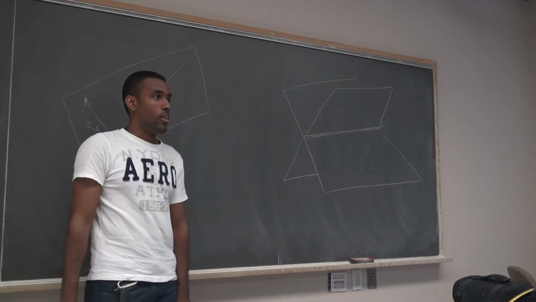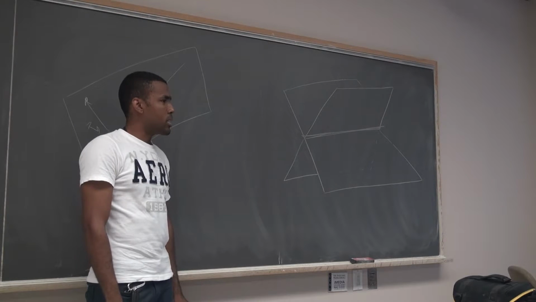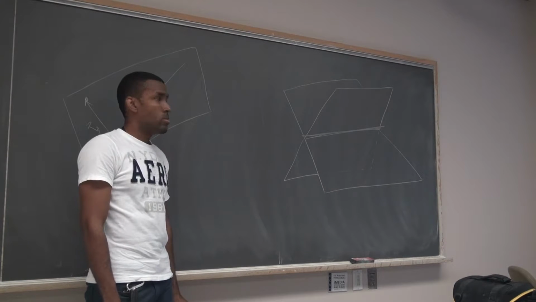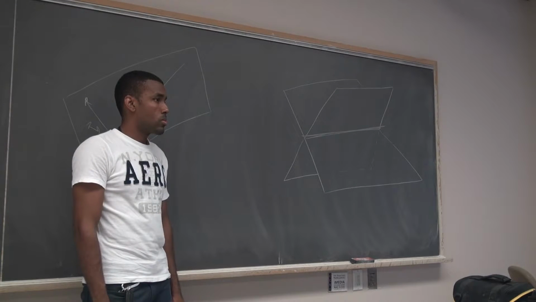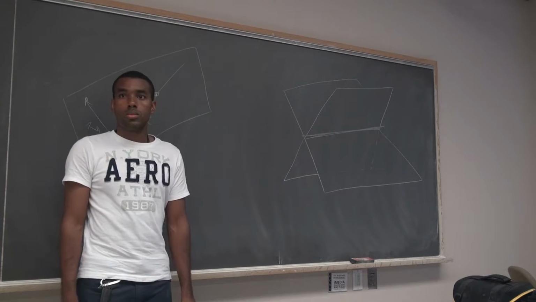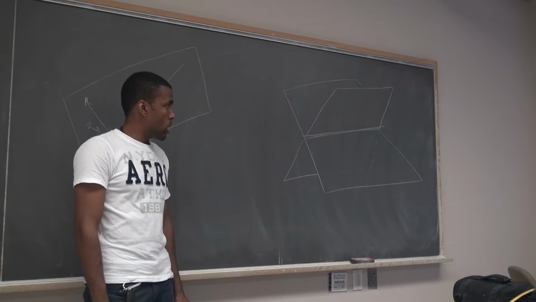How? Just make them equal to each other. How would you make them equal to each other? The direction would be the cross product of the normal vectors. Why would you think of that?